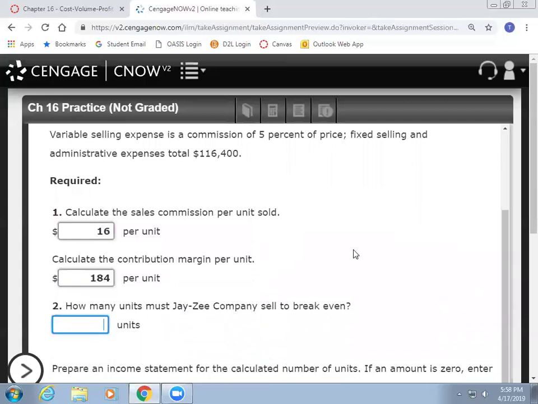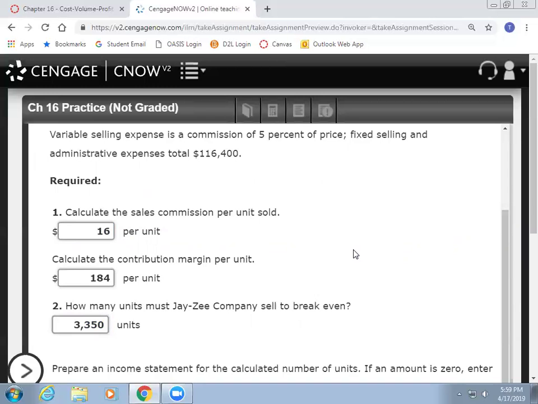So how many units must JZ Company sell to break even? To the nearest whole unit. 3,350. Very good, 3,350. So again, we got that by taking our total fixed costs, the fixed overhead of 500,000 plus fixed selling and administrative of 116,400, and divided by our contribution margin per unit.